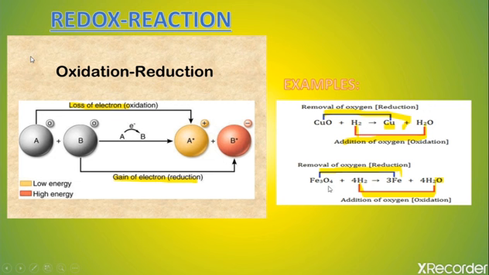The next example you can give is Fe3O4. Ferric oxide, when it reacts with hydrogen, then iron is formed, and H2O, water, is left.